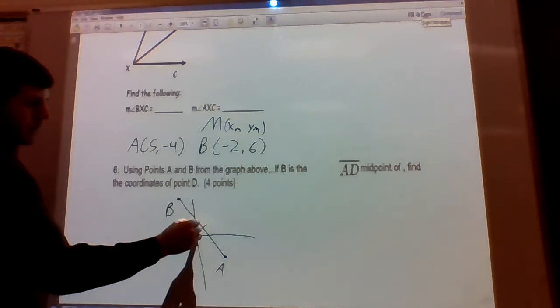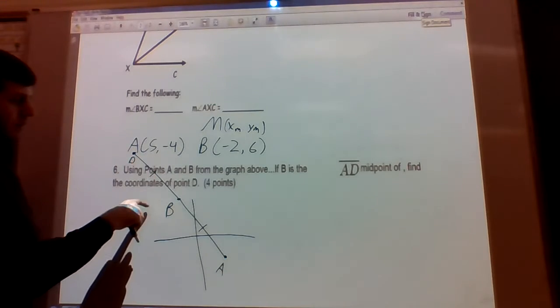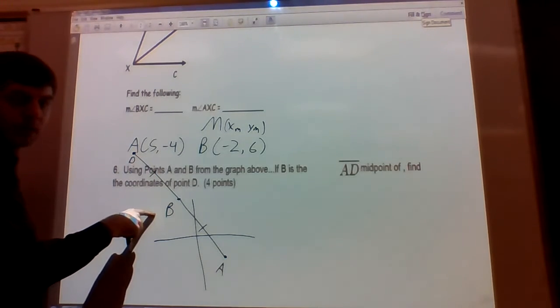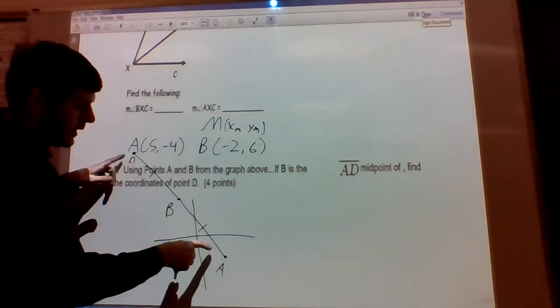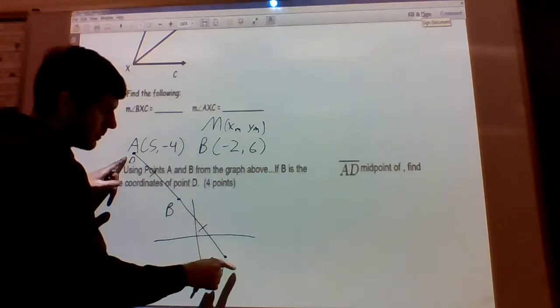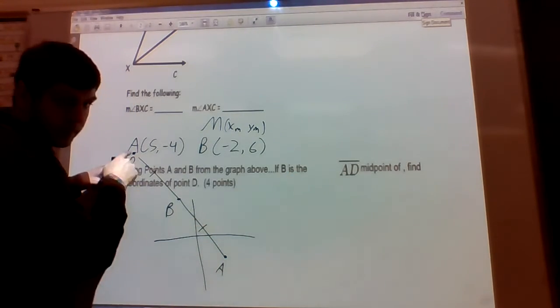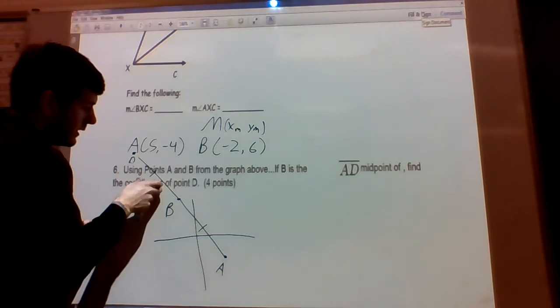D is going to have to be somewhere up here. B is in the middle of A and D. Here's our segment AD, and B is in the middle.